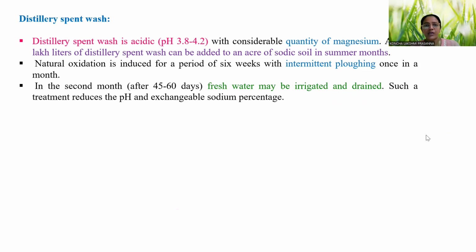Natural oxidation occurs for a period of 6 weeks with intermittent ploughing. In the second month, after 45 to 60 days, fresh water may be irrigated and drained. In such treatment, the pH of the soil is reduced, thereby reducing the exchangeable sodium percentage.